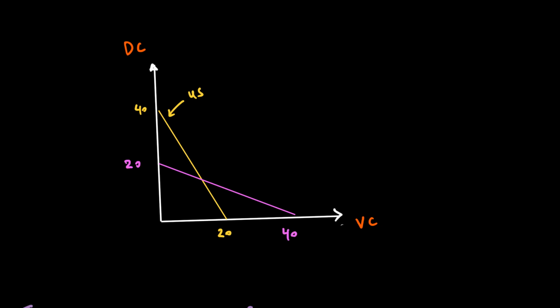So when you look at this diagram, you can see clearly that absolute advantage means who can make more, and therefore the US is good at making digital cameras and the UK is good at making vacuum cleaners. So if we just focus on absolute advantage and don't look at comparative advantage, which is opportunity cost, one could say that the UK should focus more on vacuum cleaners and the US should focus on digital cameras.